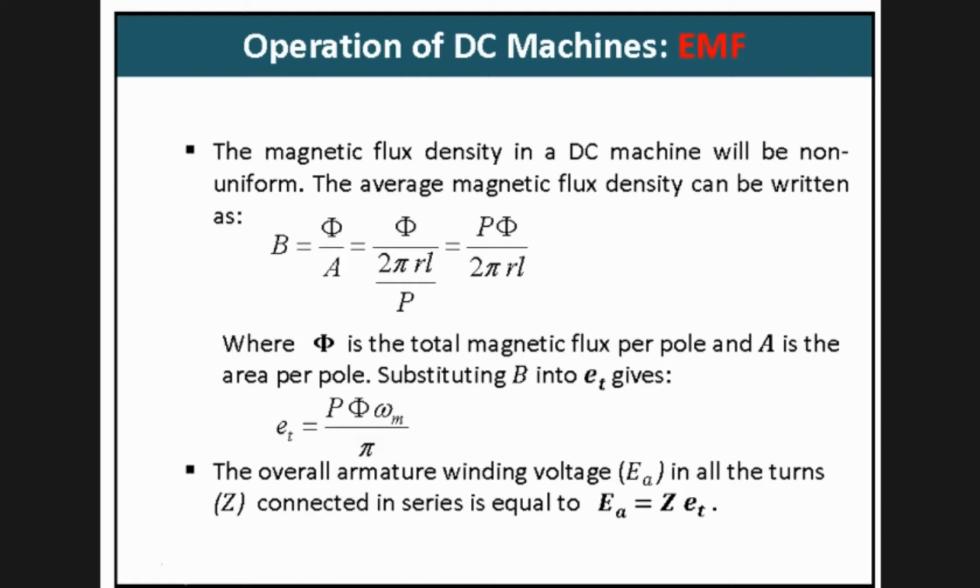Then phi over A, where A is 2 pi R into L divided by P, where P is the number of poles, right?